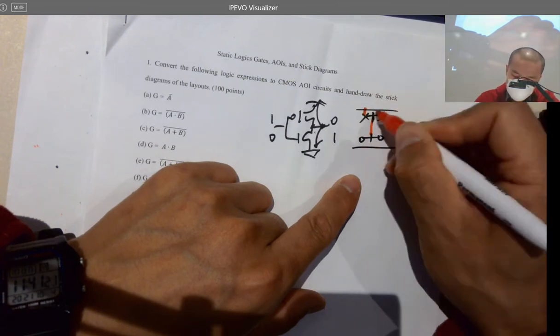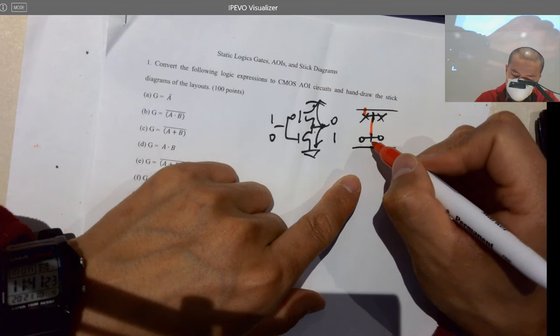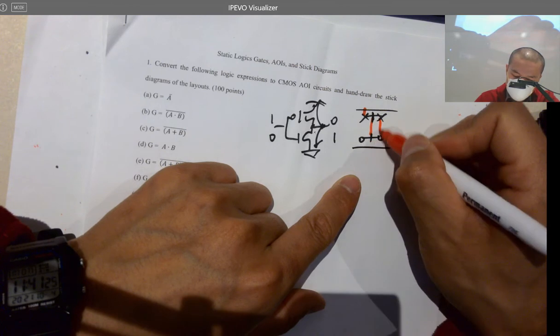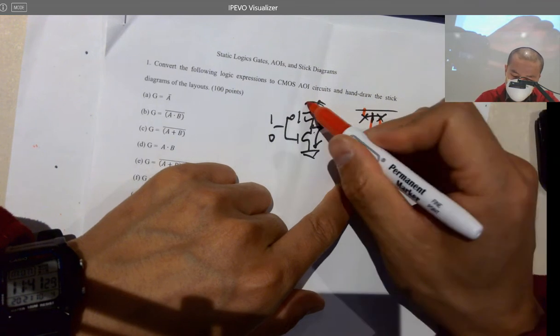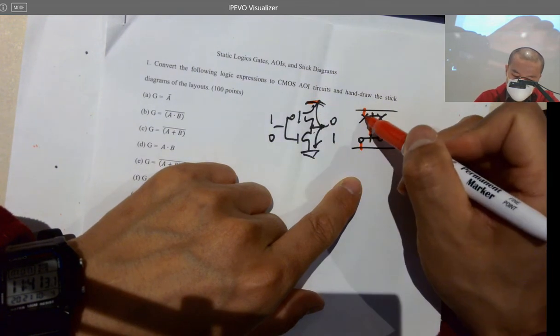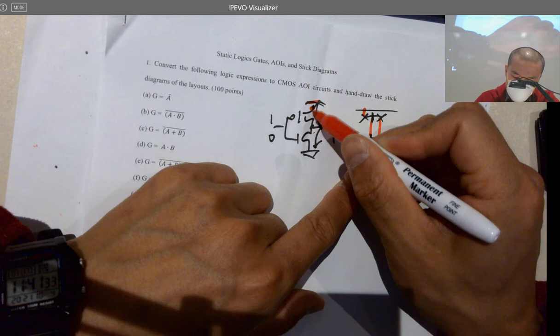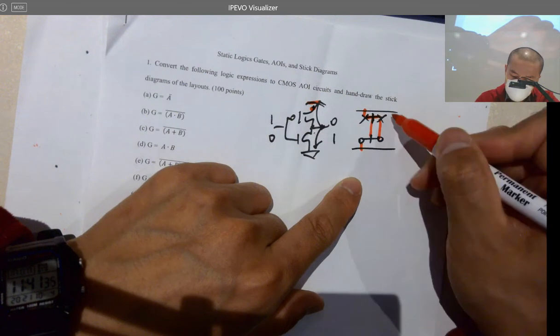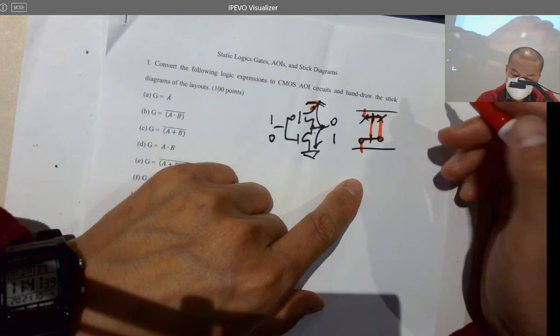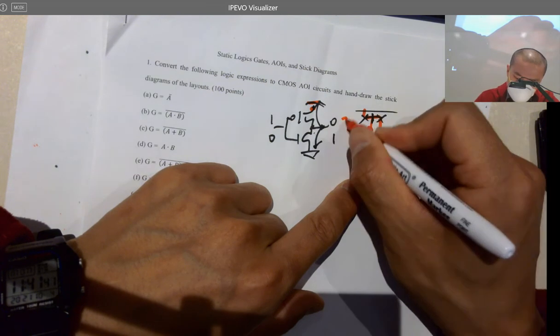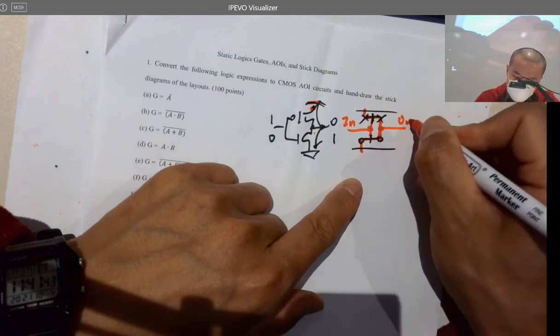And you want to short these together because it introduces VDD to this pin, and then here's the channel, and here's the drain, and channel, ground. So that's the input, and that's the output.